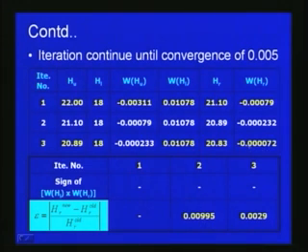The sign is again minus, and the epsilon when we calculate it is 0.0029, which is smaller than the convergence limit of 0.005. So we can stop the calculation. Even though some error is there, we assume that the value is almost near 20.83.